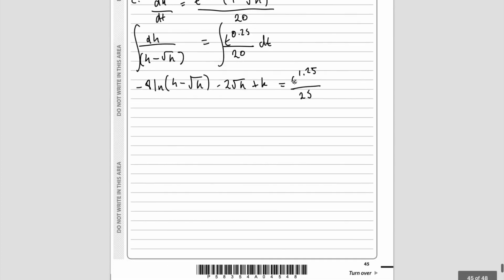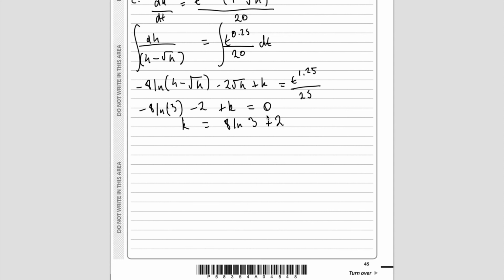So when t is 0, the height is 1. So we get that minus 8 ln 3 minus 2 times root 1, which is 1, plus k, is going to equal 0. So k is therefore going to equal 8 ln 3 plus 2.